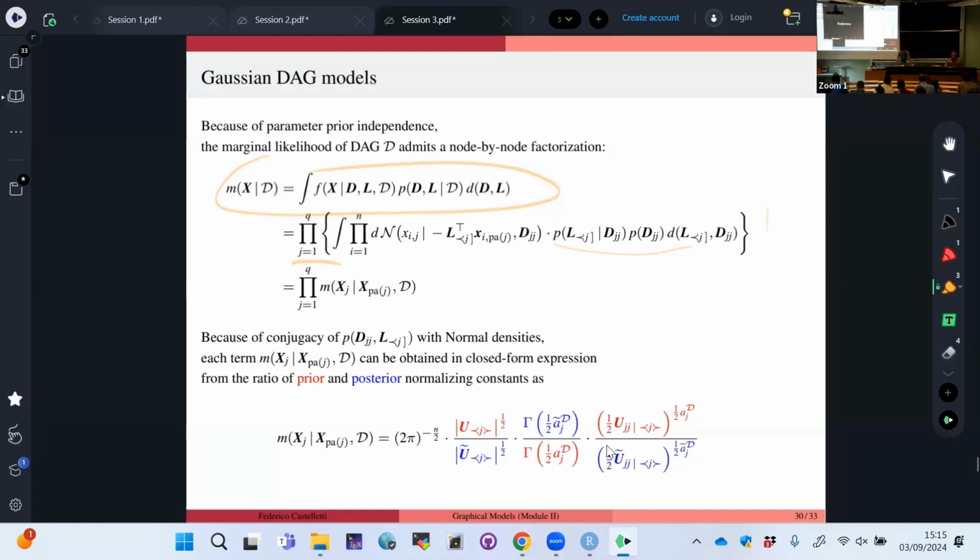So we can work separately on each component j of our marginal likelihood and compute the marginal likelihood relative to node j using the same results that we would use for normal linear regression.